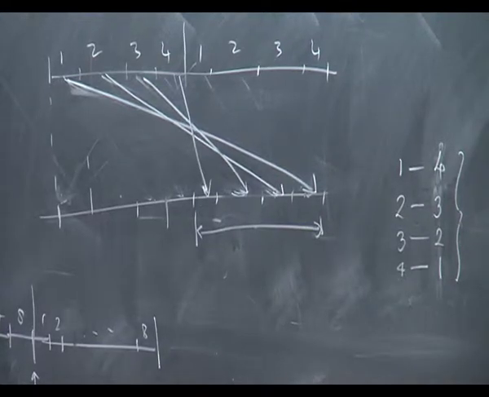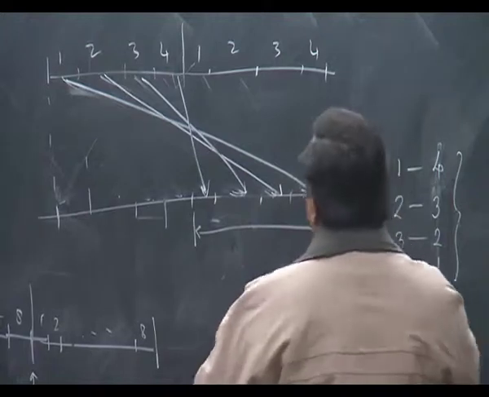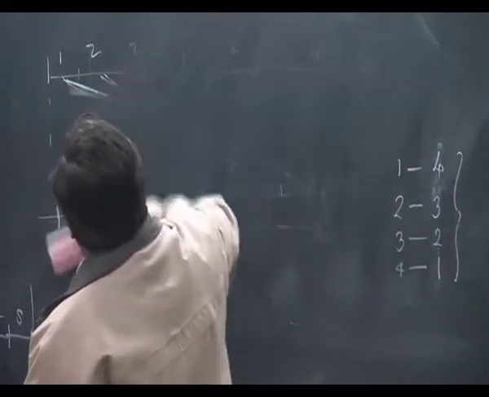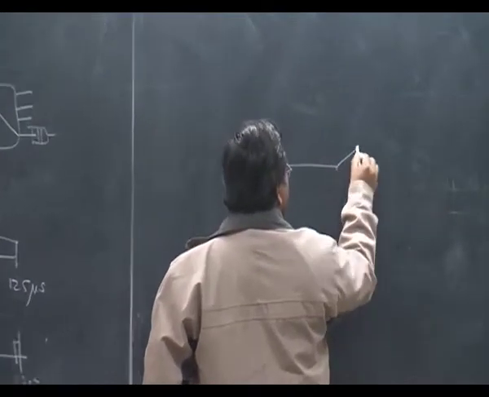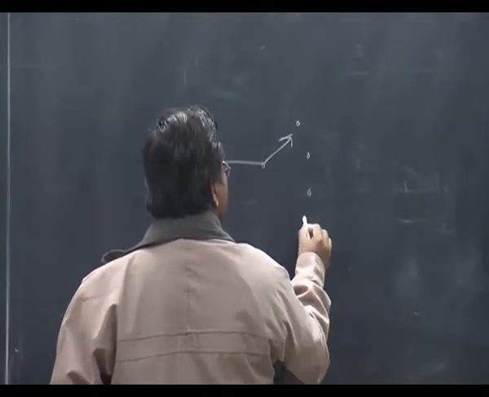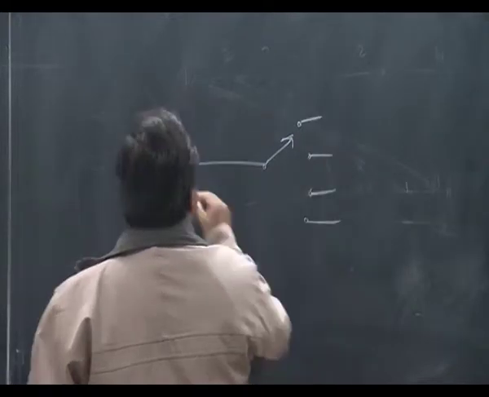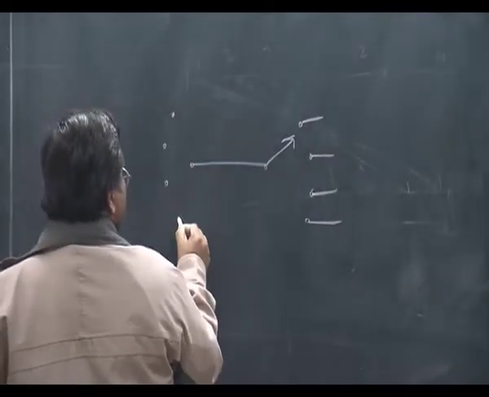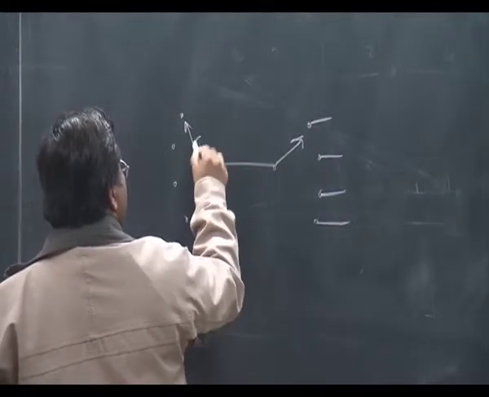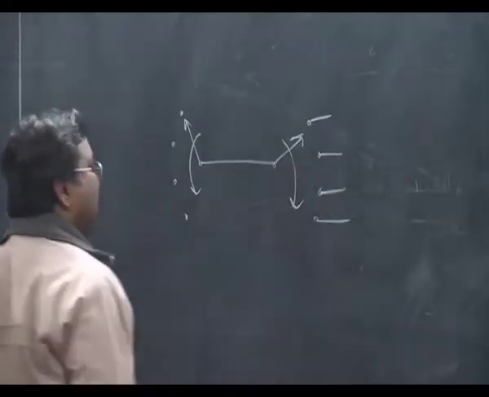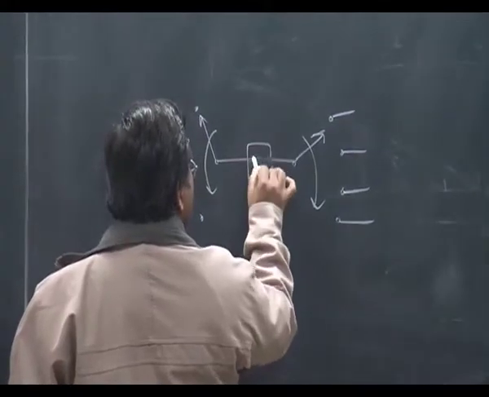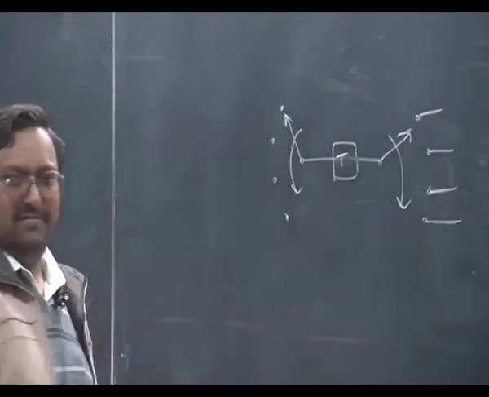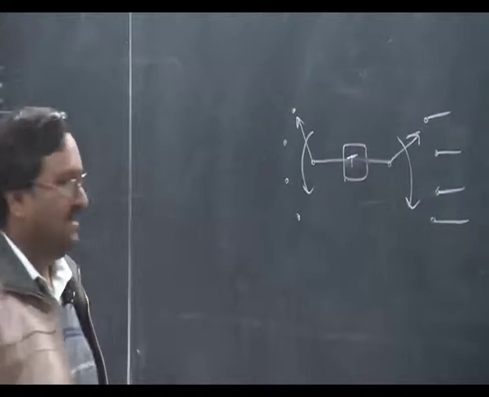And the way I think it has been told in a lot of places is by using a multiplexer and demultiplexer. So if you have this, this is the equivalent. And I put a time switch in between, which will do this job of mapping.